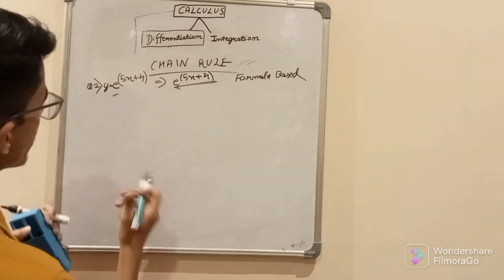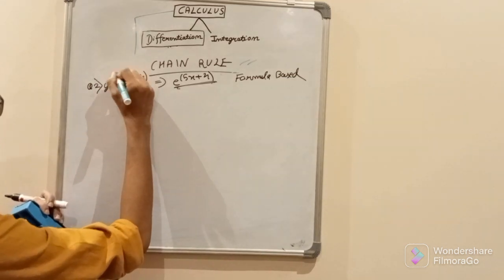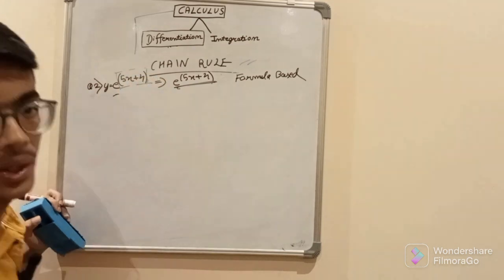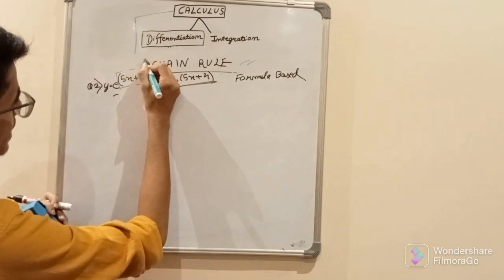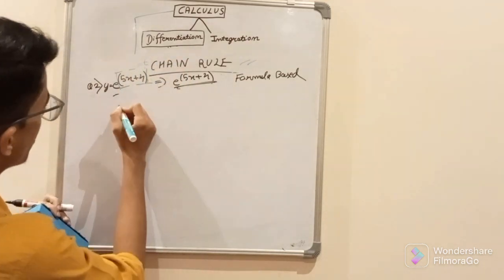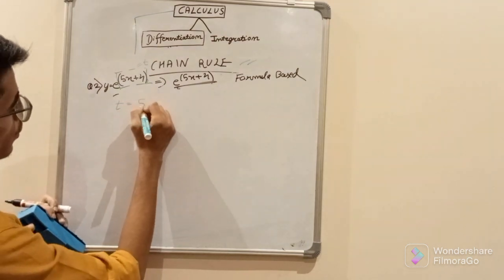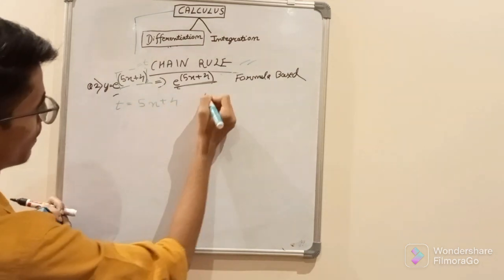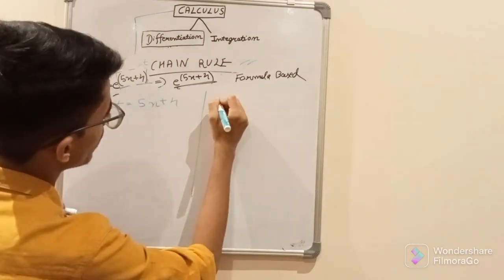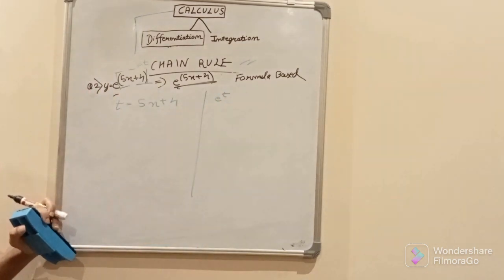So according to chain rule, we have to assume this term as one single variable. So let's say this is equal to t. So t is equal to 5x plus 4, and the equation will now look like e to the power t.